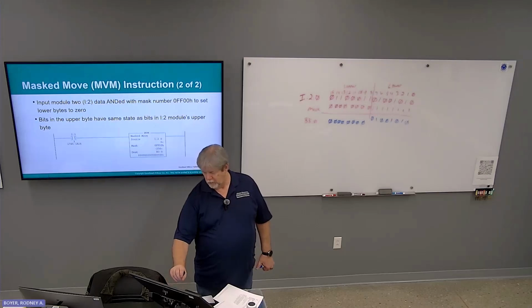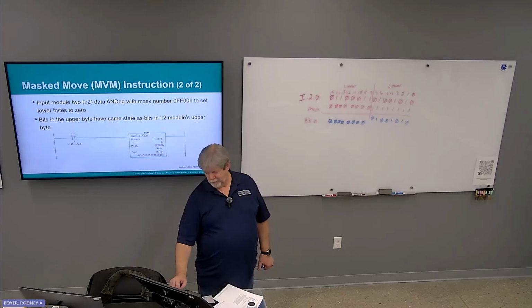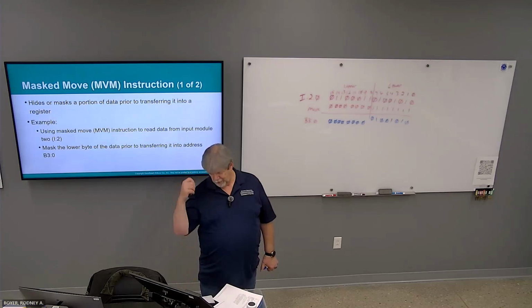But module 2, data is ANDed with mask FF00. Set the lower bytes to 0, and the upper byte has the same data as input to module upper byte, which is exactly opposite of what they said in that.